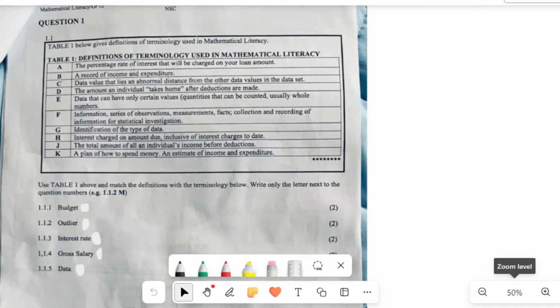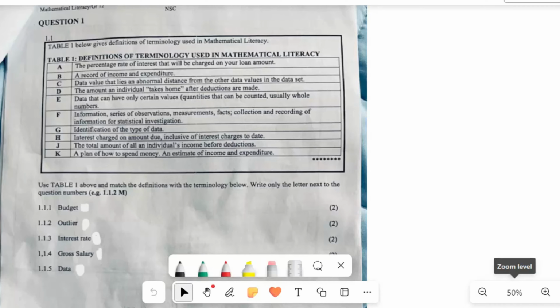So let us first read the definitions together so that we can understand. A, the percentage rate of interest that will be charged on your loan amount. Actually, that's already giving you the answer, but I'm not going to give it to you yet.